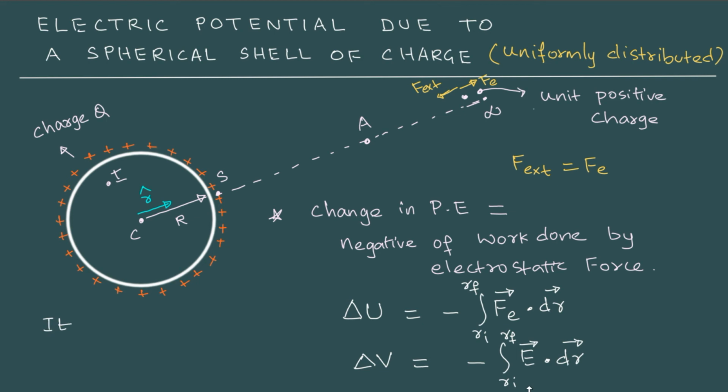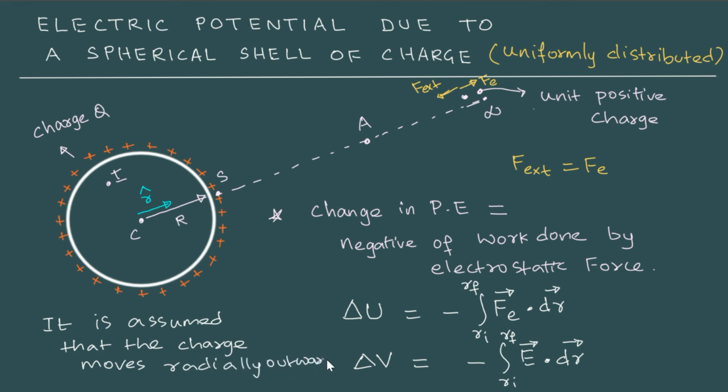When you supply the initial and final position vectors, you would know in which direction the charge is actually moved. But this is a good assumption to keep in mind: it is assumed that the charge moves radially outwards. So keep these two points in mind.